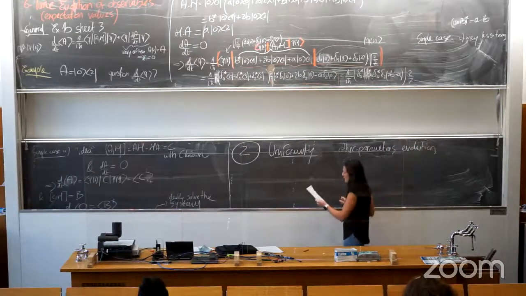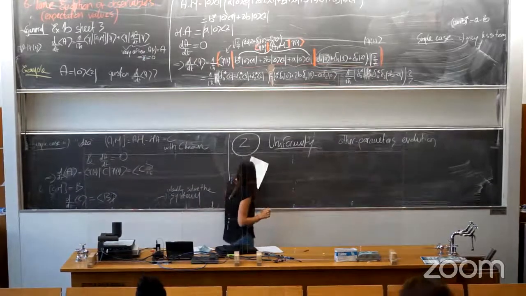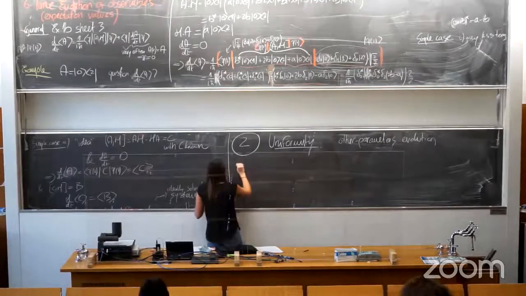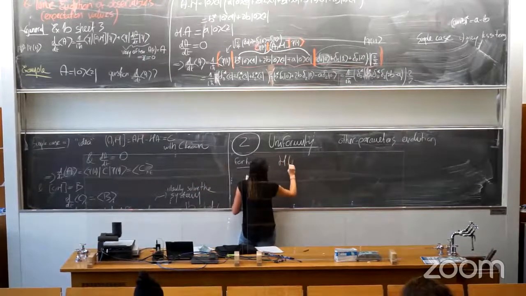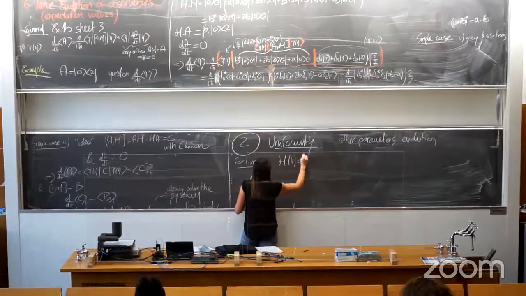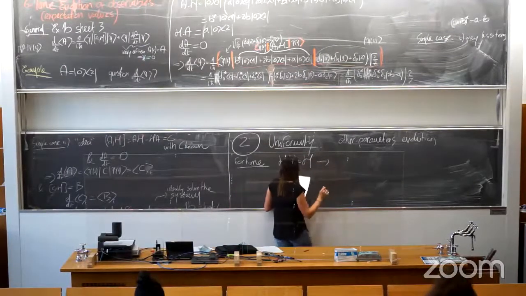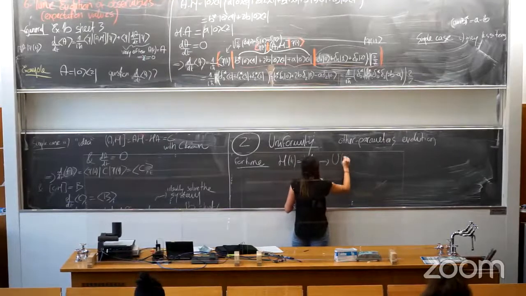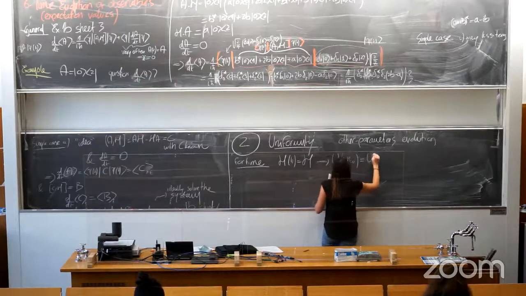So the idea is, okay, for time, we saw that if the Hamiltonian is time independent, then the evolution operator only depends on the difference between the two times.